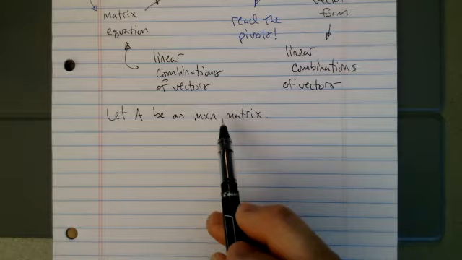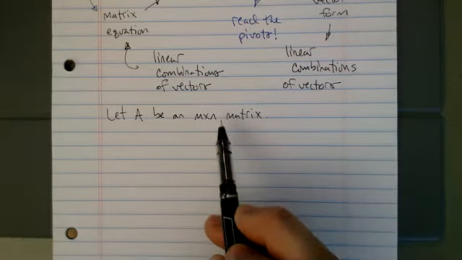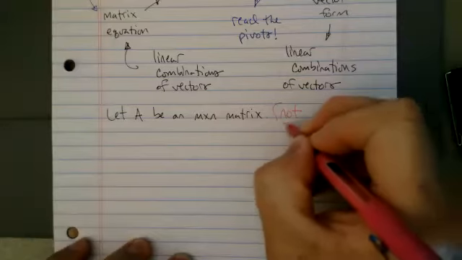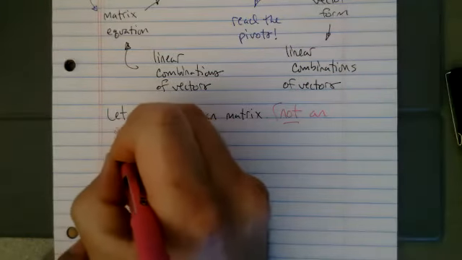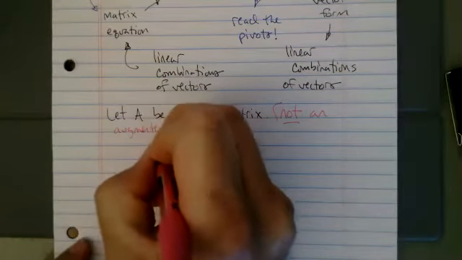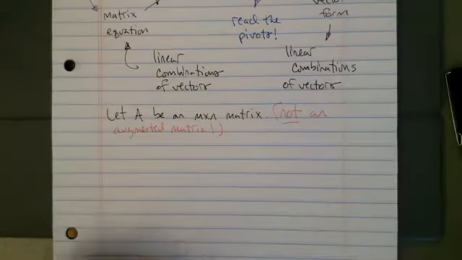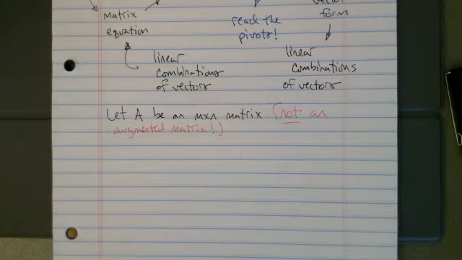So since I did not state it's an augmented matrix, it is not an augmented matrix. Usually we don't name augmented matrices, we name the coefficient matrix. And if I want a matrix to be an augmented matrix, if I want you to read it that way, I have to tell you to read it that way, or I have to open up with an equation or a system.